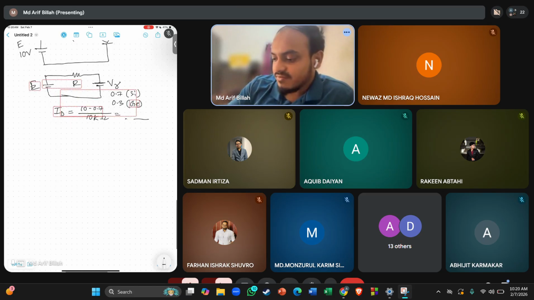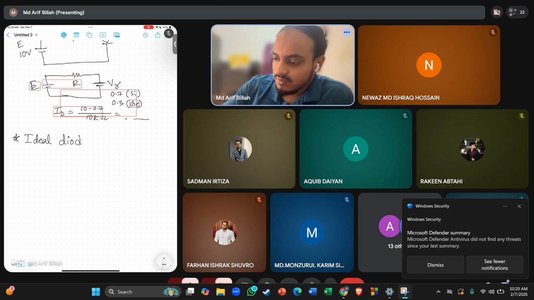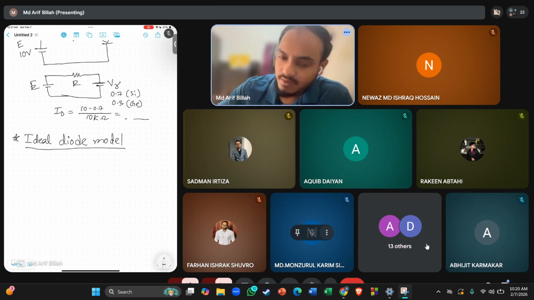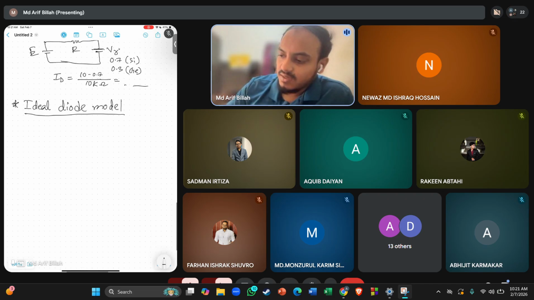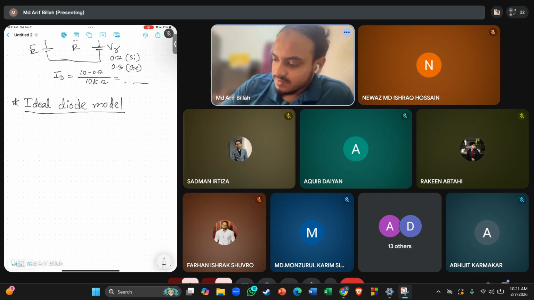This is one model. We have another model for simplification or linearization of diodes. The second model is the ideal diode model. What does the ideal diode model say?